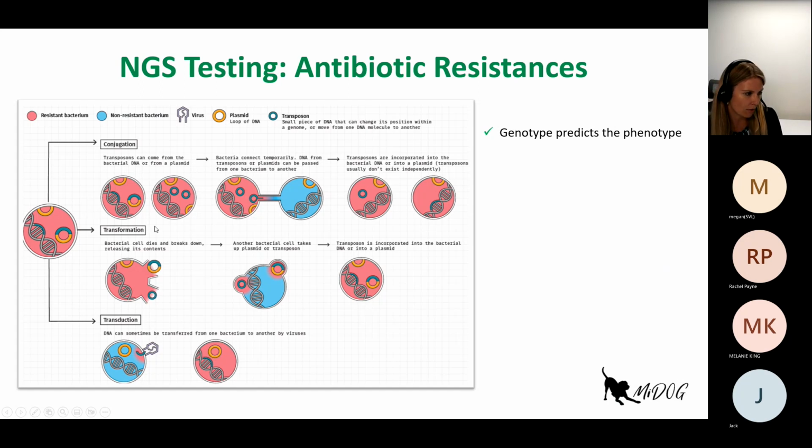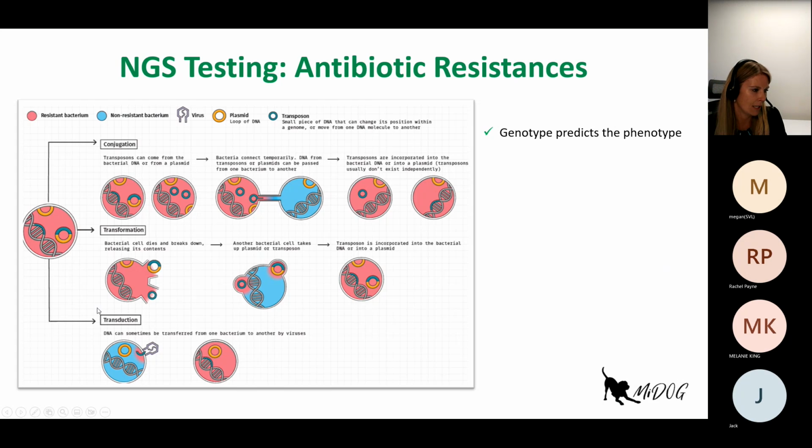The second type is transformation. A bacterial cell leaks open, the genetic material becomes available to the environment, and DNA doesn't just lie around. It's a complex ecosystem, just like if a leaf falls in the forest, it will be degraded, it will be utilized, it will become nutrients for other trees. This is the same approach here for DNA as well. A different non-resistant bacterium might be able to take up this genetic material from the environment and thus become resistant as well.